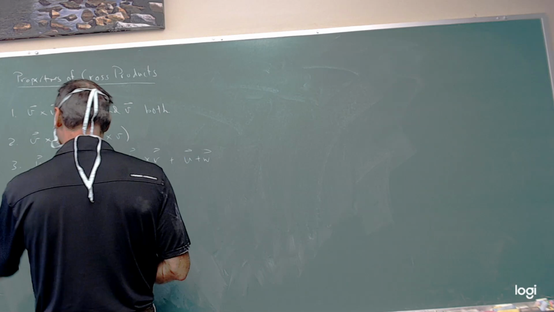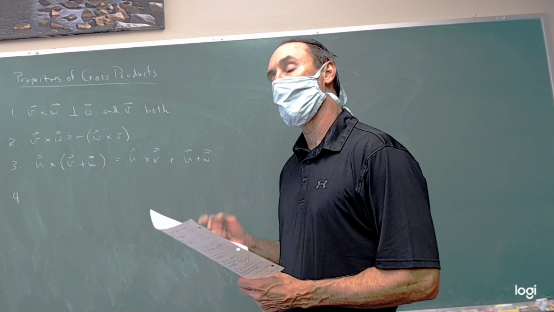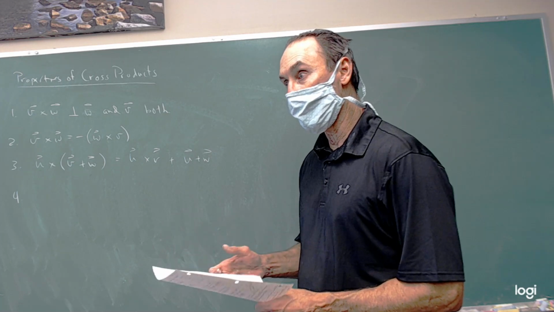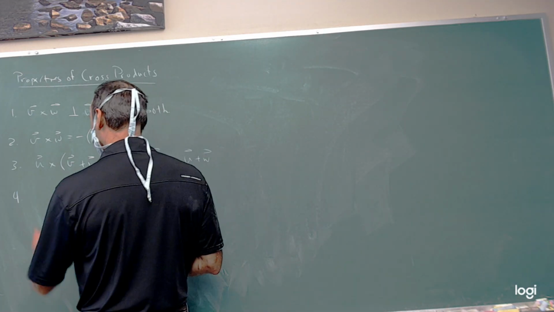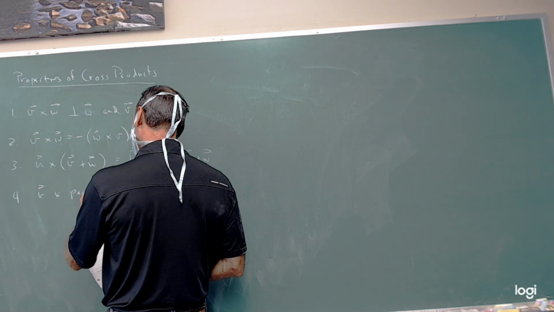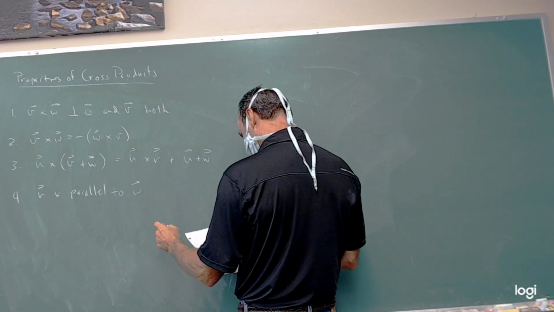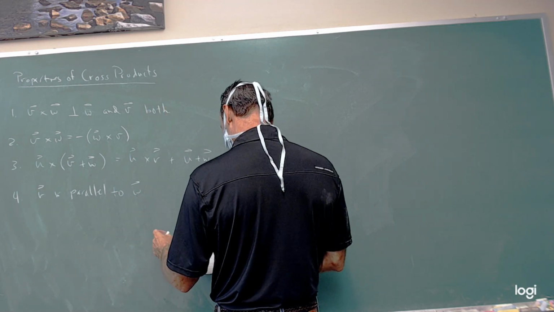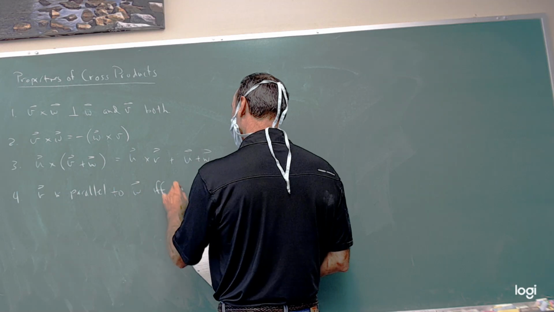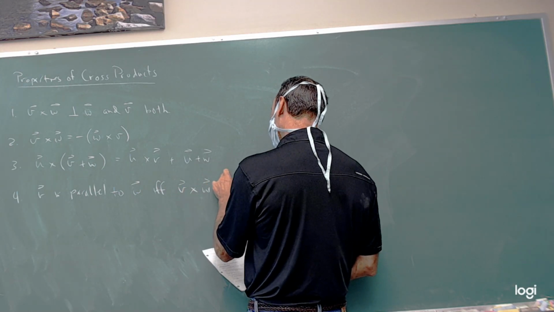Now we have said that u is perpendicular to v when their dot product is 0. Well, now we have that v is parallel to w if and only if v cross w is the 0 vector.